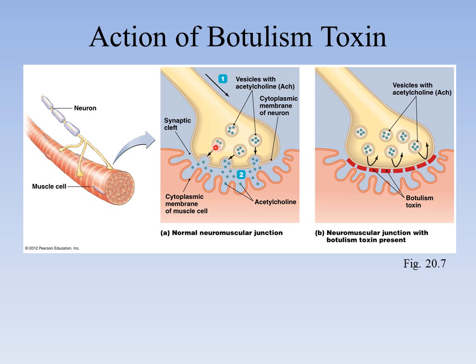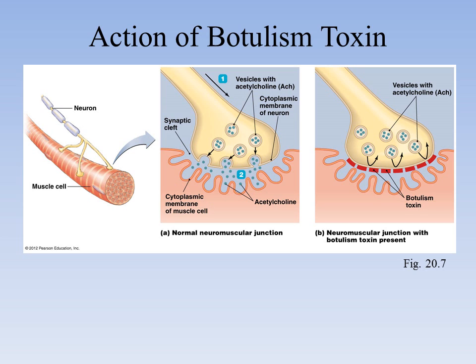So acetylcholine is going to be released by our nerve cells, and it's going to make contact with the cytoplasmic membrane of the muscle cell. And when acetylcholine does that, that's going to lead to contraction of the muscle. And so this is known as a neuromuscular junction, where we're having a meeting of our nerve and our muscle cells. And so this contraction of the muscle is going to lead to movement. So this allows you to voluntarily move your muscles when the nerve cells release acetylcholine into the synaptic cleft.